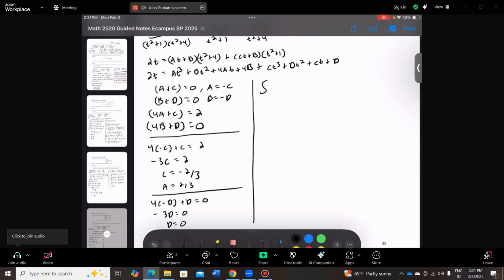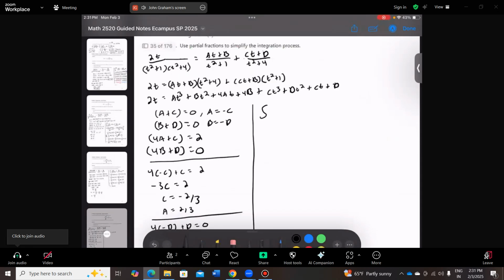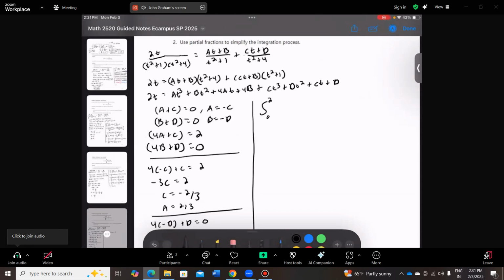So then our integral is now from 0 to 2. And we have a is 2/3, so you have 2t over 3 times t squared plus 1 dt plus integral from 0 to 2 of negative 2/3 times 2t over t squared plus 4 dt.